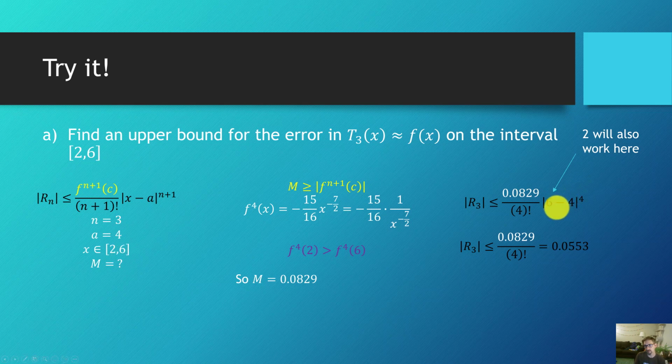It doesn't matter in this case because 6 minus 4 and 2 minus 4 are going to give the same number in absolute value. And so we do all the math here, and we'll get 0.0553. And I want to make a note here that in rounding off the m and rounding off the final answer here, I'm always rounding up because it always needs to be bigger than your long decimal in your calculator.